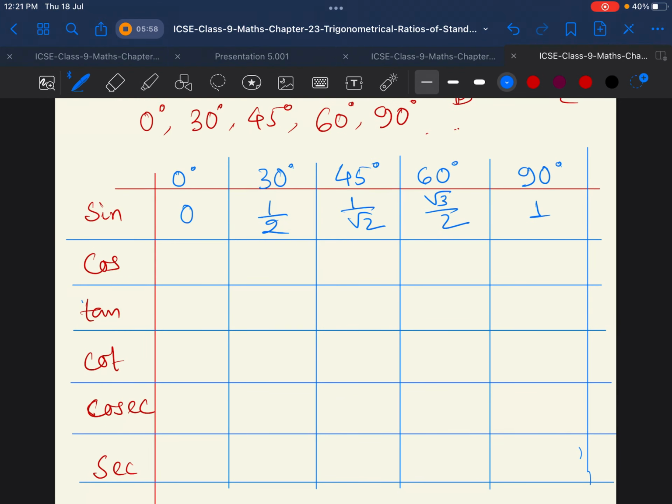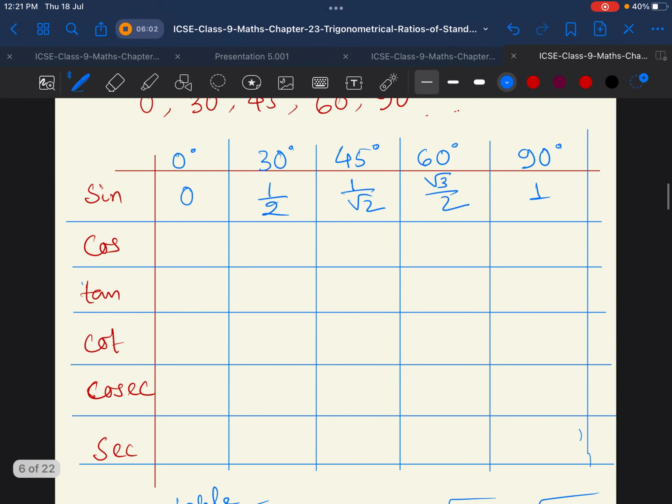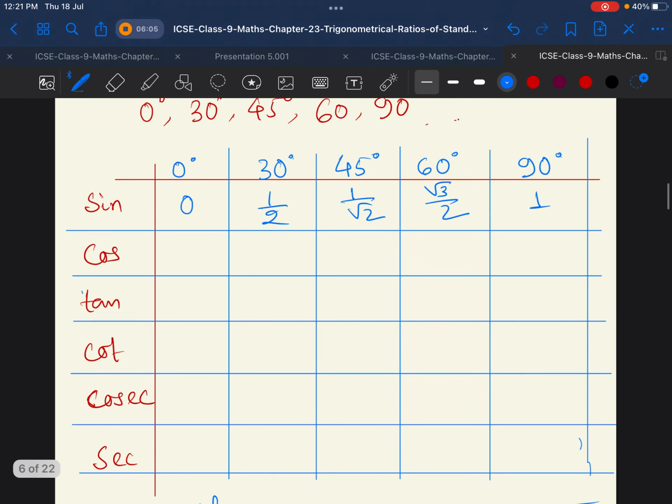To remember easily, you see here, sine is the reverse of cos. Sine 0 is 0, so cos 90 will be 0. Sine 90 is 1, then cos 0 is 1.